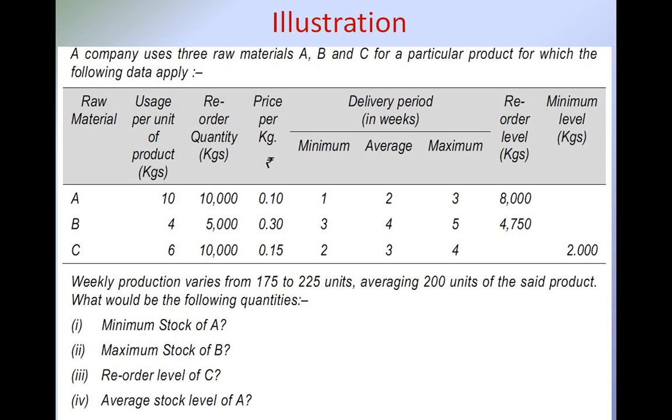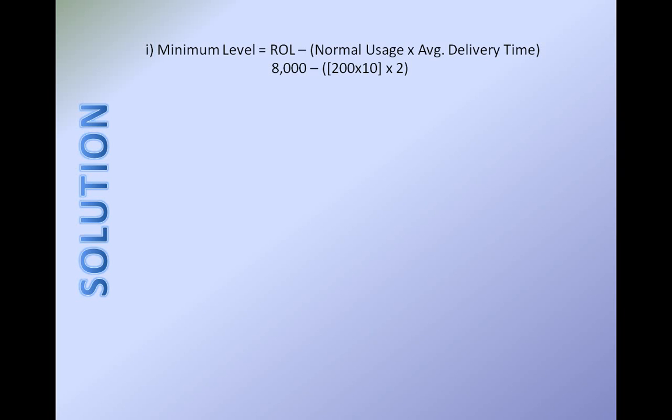The average delivery time is 2, and the normal usage is given in the last line: weekly production varies from 175 to 225, averaging 200. So we have all the figures. Let's go ahead and use them.